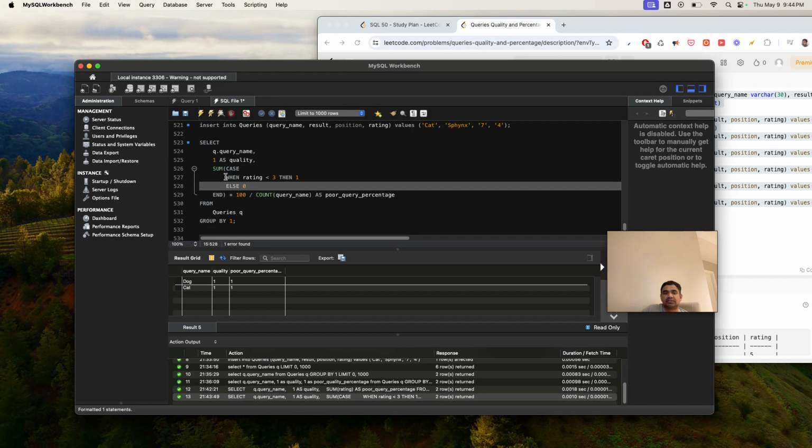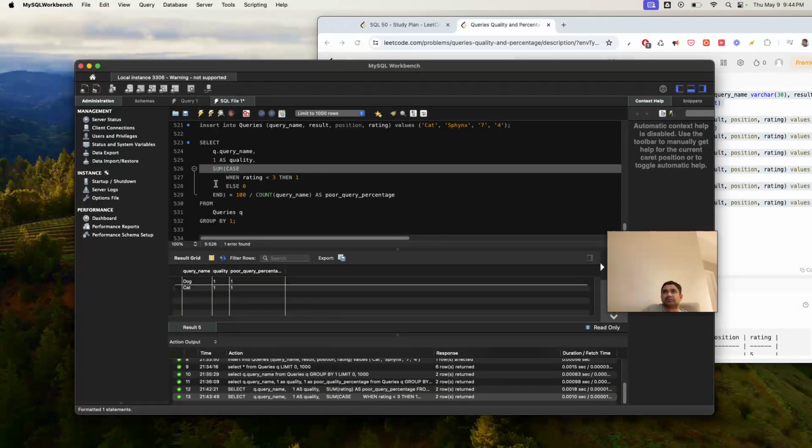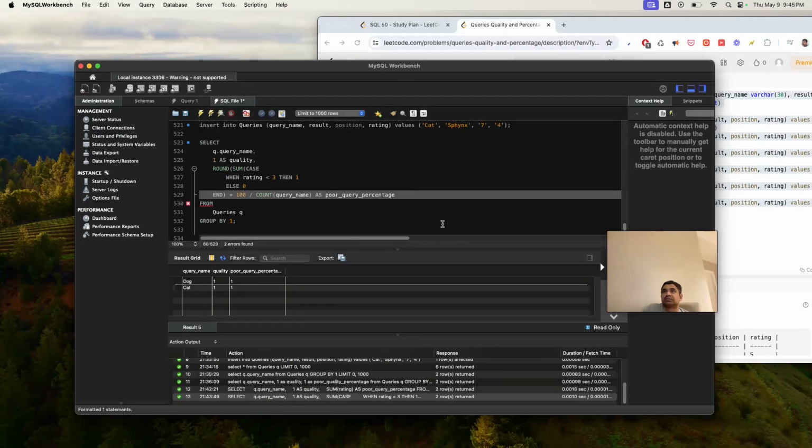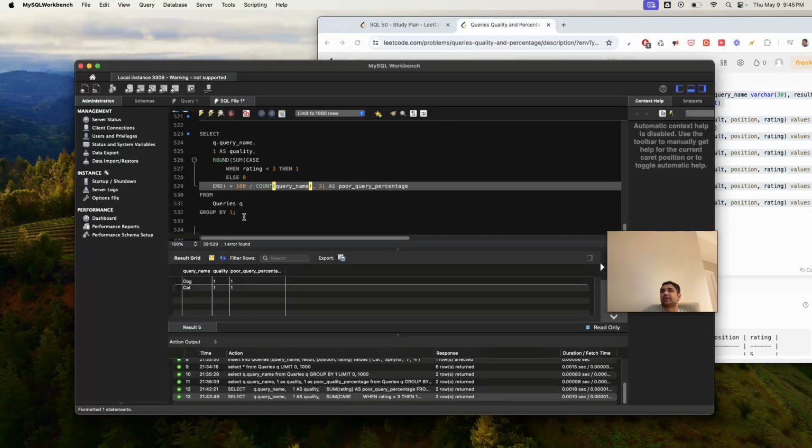So we are finding the sum, but that also does not solve my issue. In the result, they need these values to be two decimal rounded values.